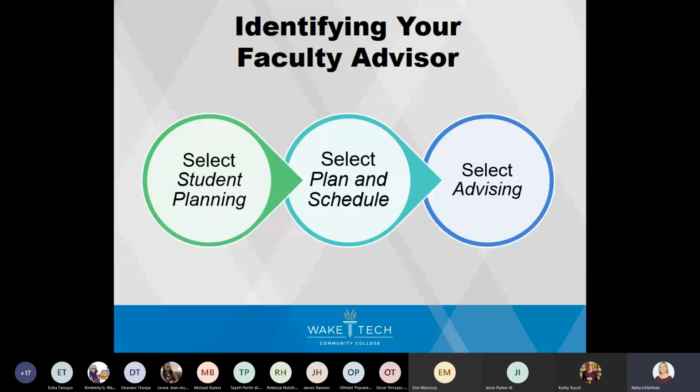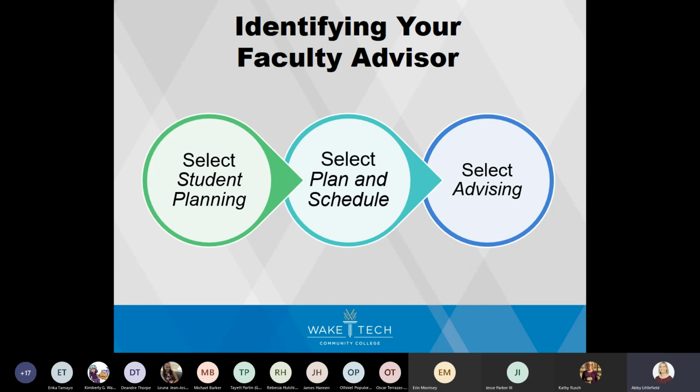Okay, another really important part of the registration process is, of course, identifying who you need to see for advising, because we think advising is very, very important, obviously, or we wouldn't be in our profession. But we want you to know that you have support when choosing your semester classes. We do more than just course planning, but this is the time of year when course planning is really critical, because you want to make sure that you're planning to take the right classes for the upcoming semester.